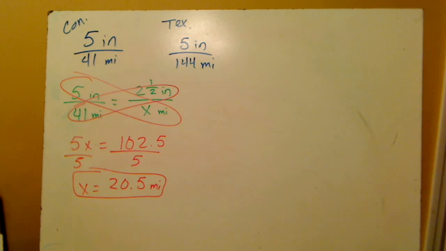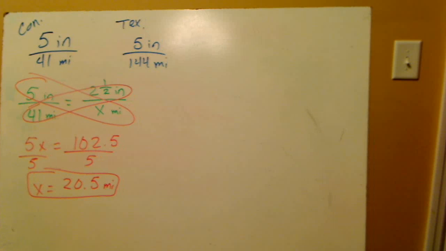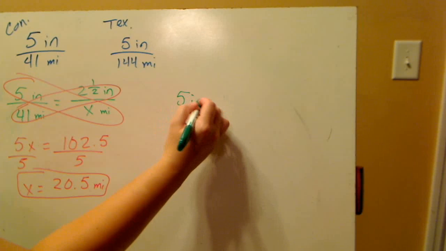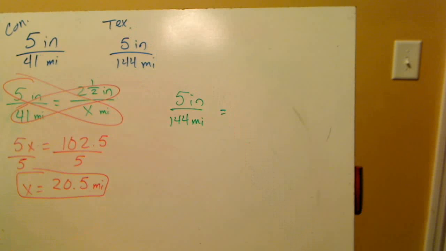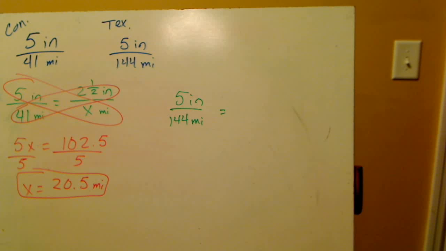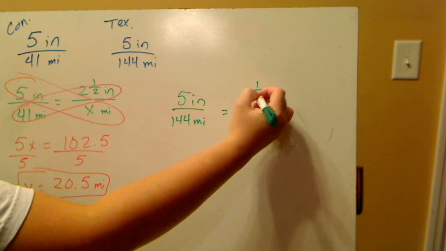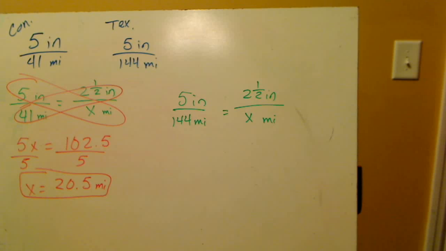My other answer is for Texas. So I'm going to set up the exact same type of proportion, except with the Texas fraction. So I've got 5 inches over 144 miles equals my 2 1/2 inches over my unknown amount of miles.